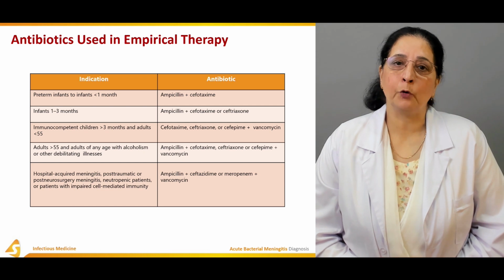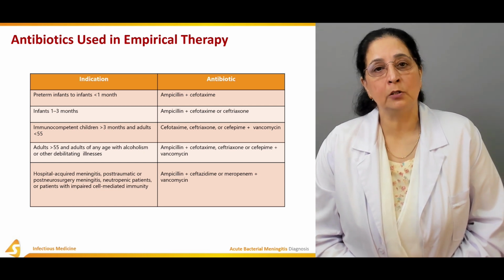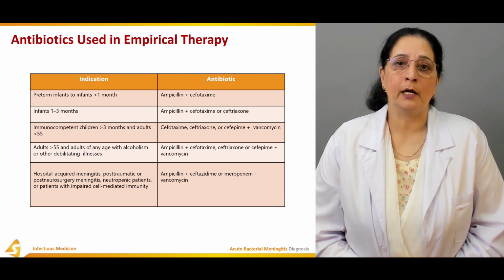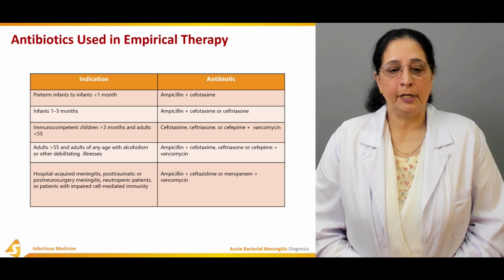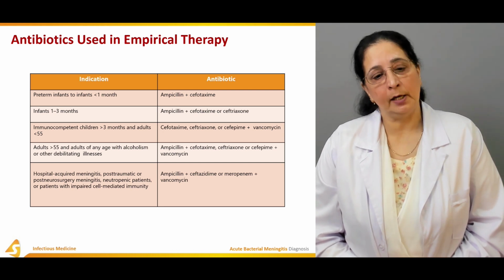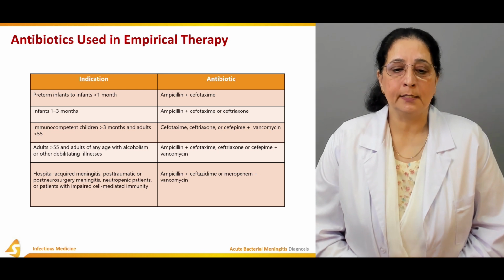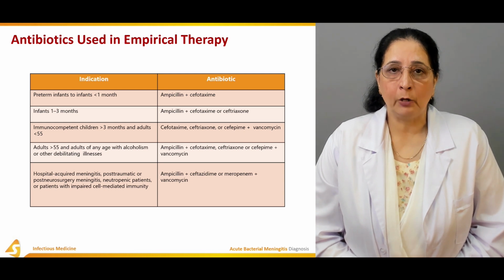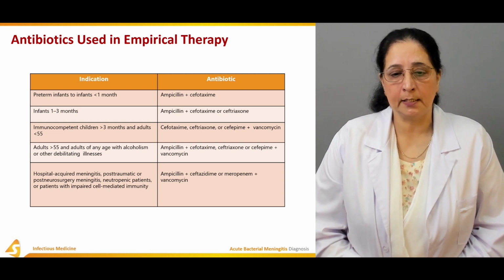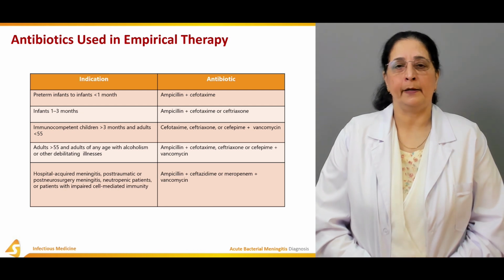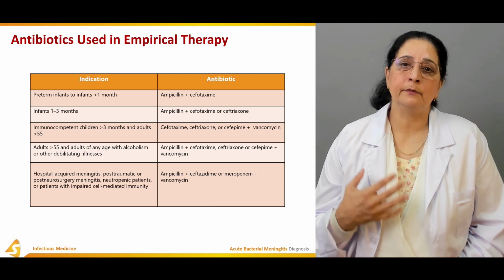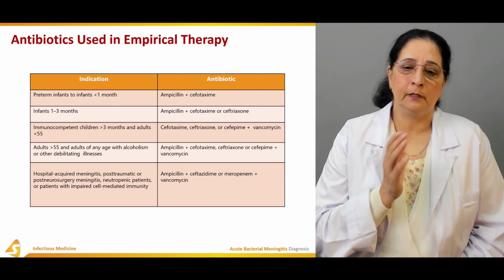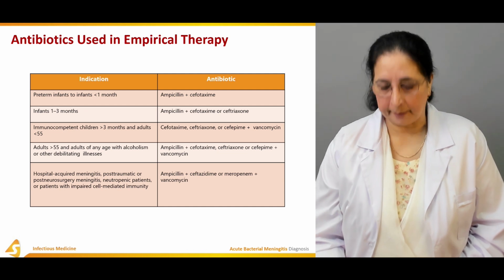Then hospital-acquired meningitis, nosocomial meningitis, post-traumatic, after any surgery, in patients who are neutropenic, low in white blood cells, with impaired cell-mediated immunity, we use ampicillin, vancomycin, ceftazidime, or meropenem. These are some antibiotics commonly used depending on the age of the patient. We select the antibiotic therapy.